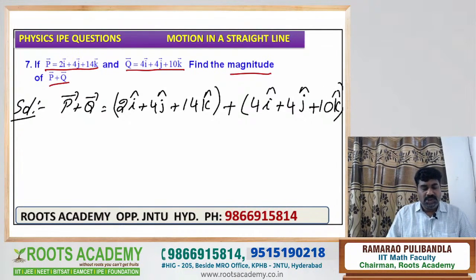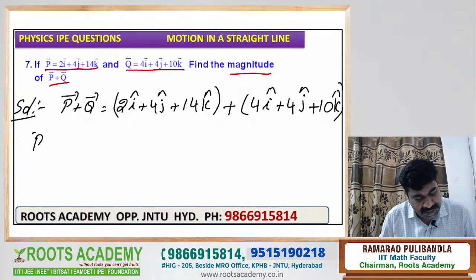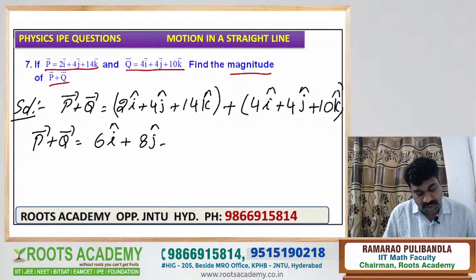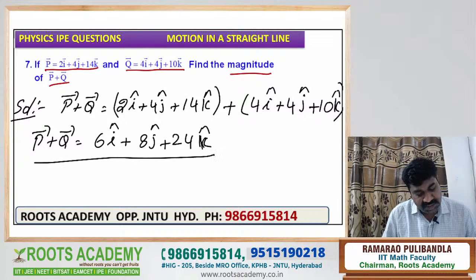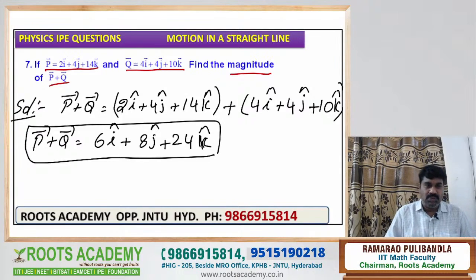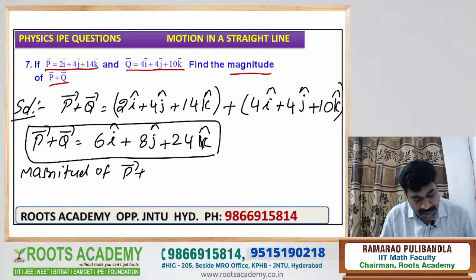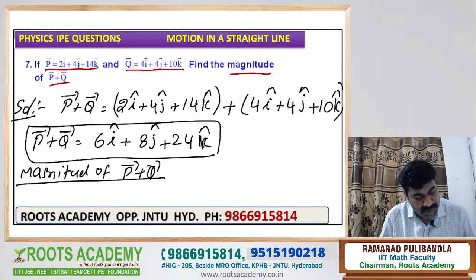So P bar plus Q bar is 2 plus 4, that is 6i cap, plus 8j cap, plus 24k cap. This is the P bar plus Q bar. Here we want to find the magnitude of P bar plus Q bar.